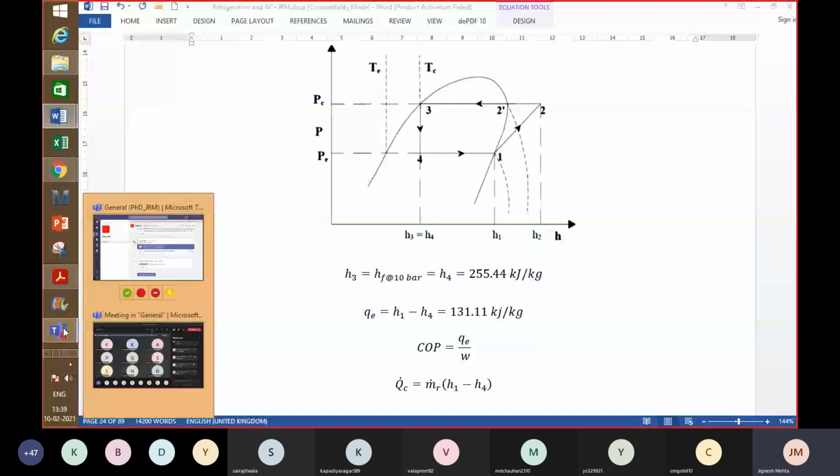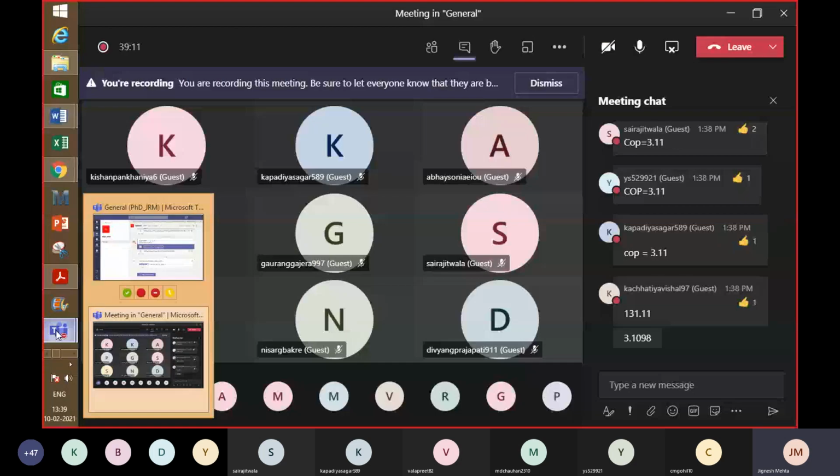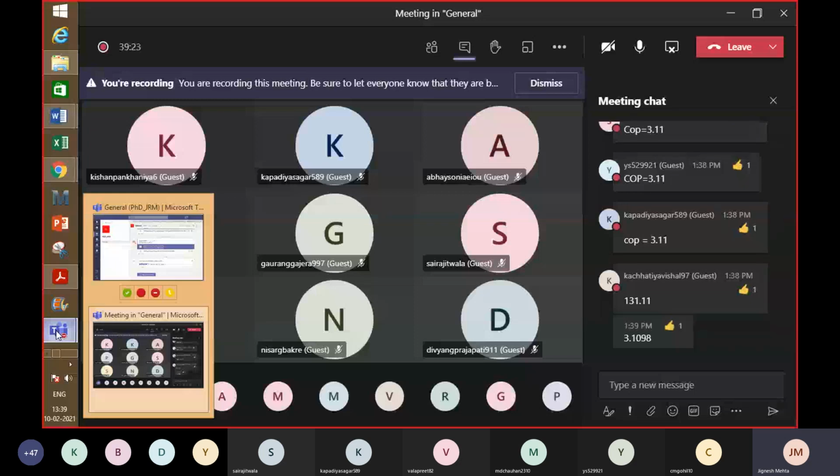So 3.1098. Okay, so if you go up to 4 significant digits, it would be 3.110, right? For COP, only 2 digits after the decimal point may be needed. So you can write 3.11 as the COP. 3.11 is the COP in this cycle, right?